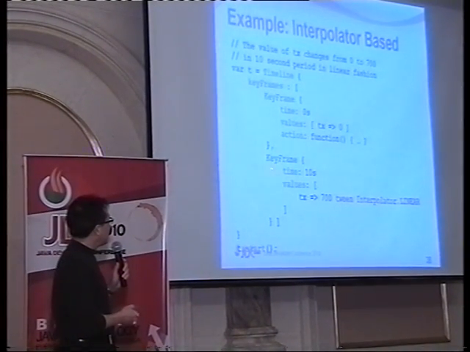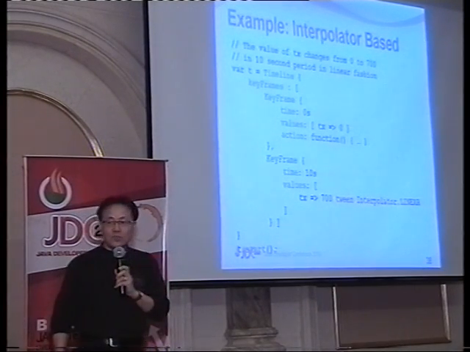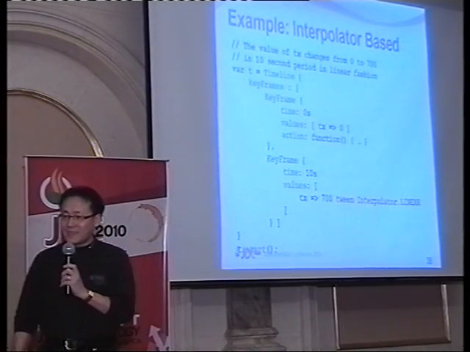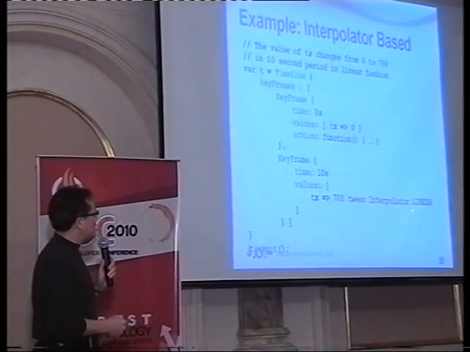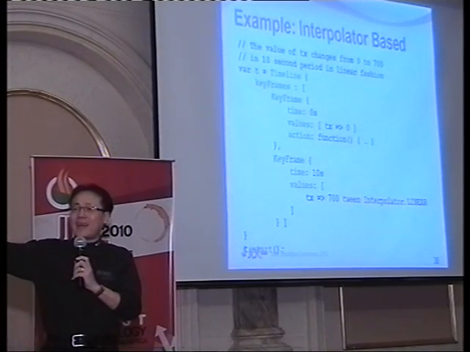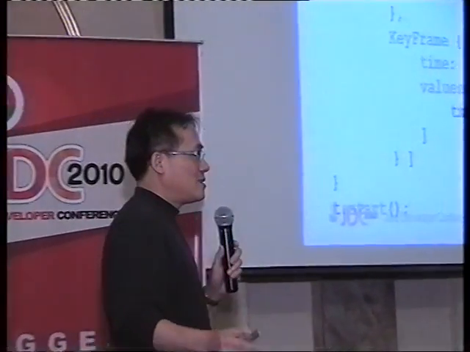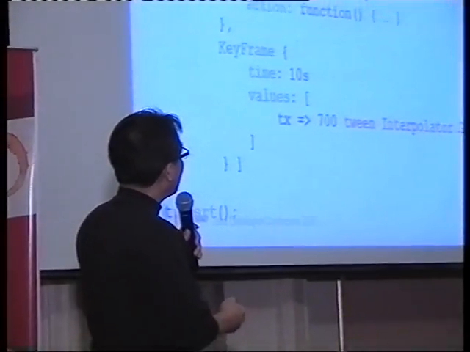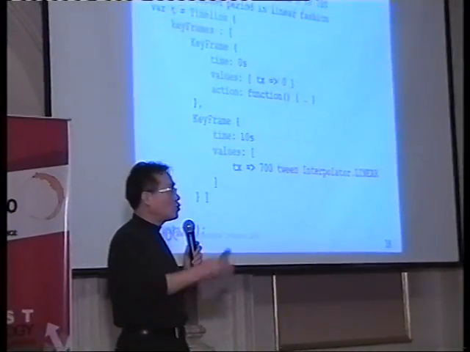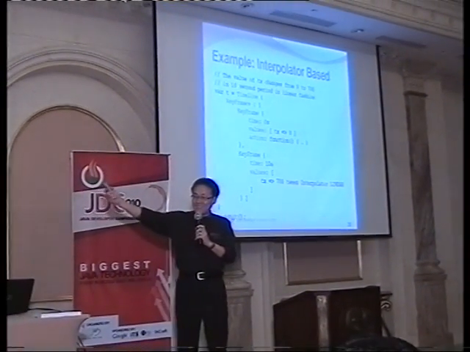The next keyframe is at 10 seconds, and then I change the value of tx to 700 in that 10-second period. Now I'm using what is called an interpolator. Instead of discrete, I'm using the analog version of it, which is the interpolator. So what this code is saying is, in a 10-second duration, I'd like to change the value of tx from 0 to 700 in linear fashion. Make sense?